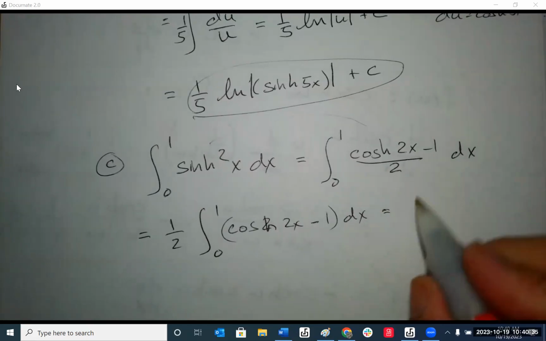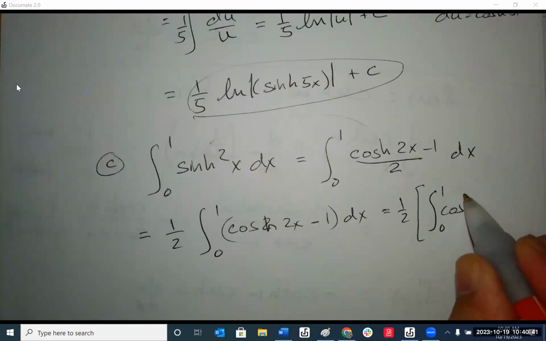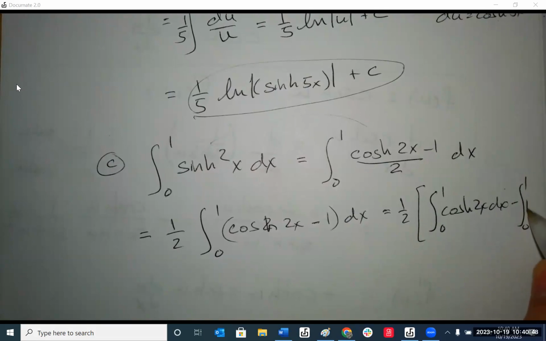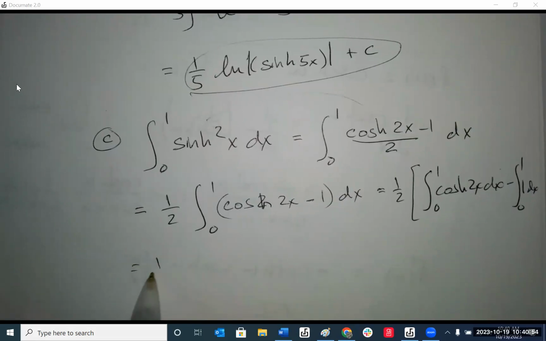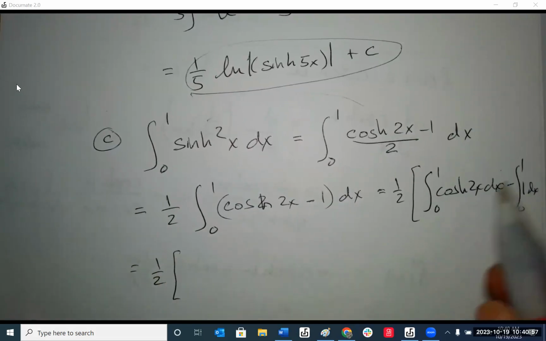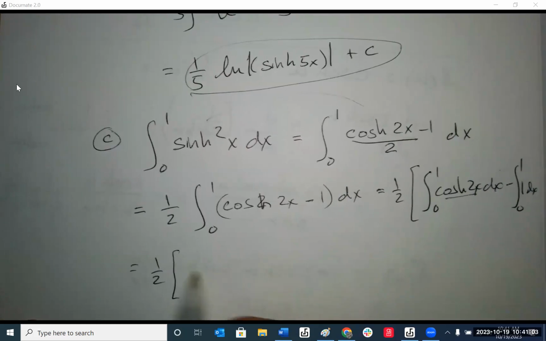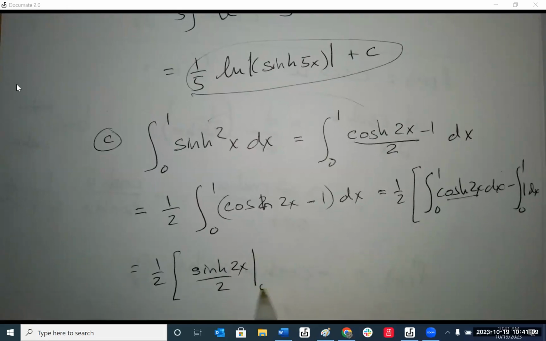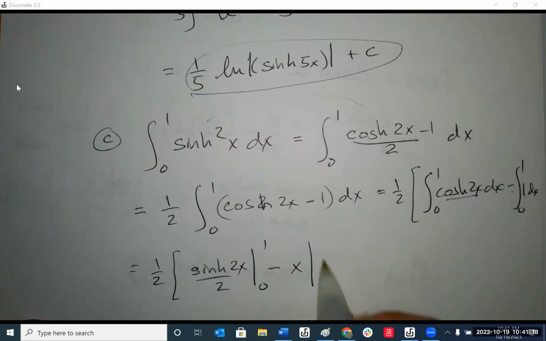I could do these in parts. Cosh 2x dx minus 1 dx. The integral of cosine hyperbolic 2x is sine hyperbolic 2x over 2 from 0 to 1, minus the integral of 1 dx, which is x from 0 to 1.